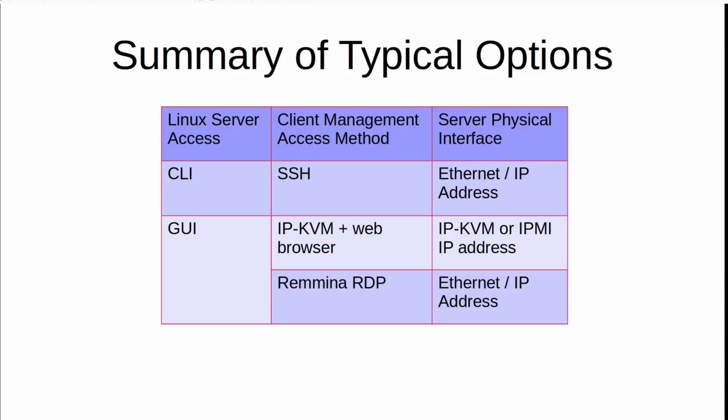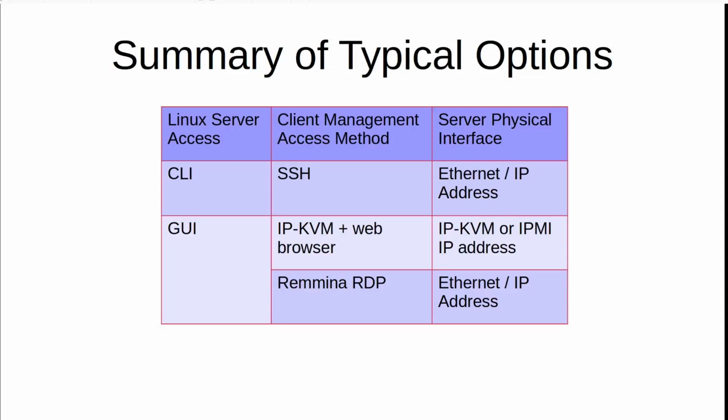So, a summary of the typical options. If our Linux server has CLI-only access, then we'll get to it using SSH. We need to know its Ethernet address, or we need to access it via Ethernet, knowing its IP address and knowing the user that we wish to log into. So SSH requires username at the IP address, and then we'll provide it the password.